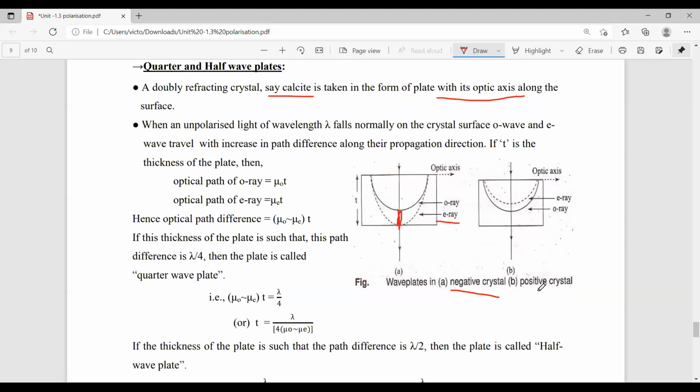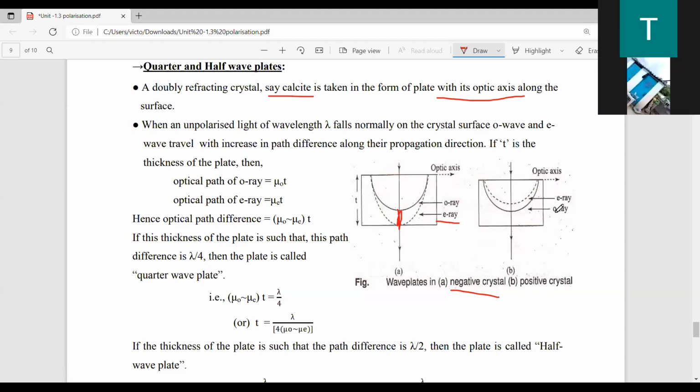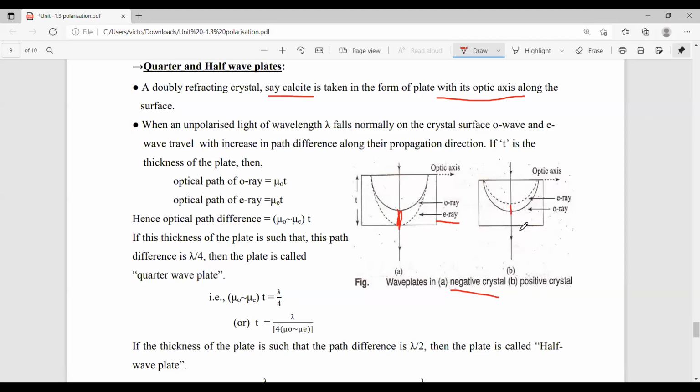And next, what about the positive crystal? In a positive crystal, O ray moves faster than E ray. So here there is also a path difference between these two waves. That means the thickness of the crystal is the same, but depending upon the velocity of E ray and O ray, these crystals act as negative and positive crystals.